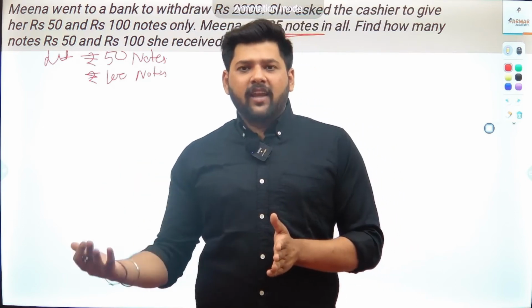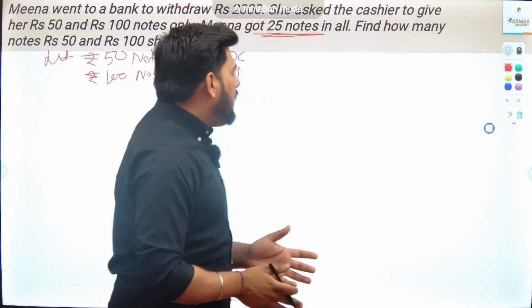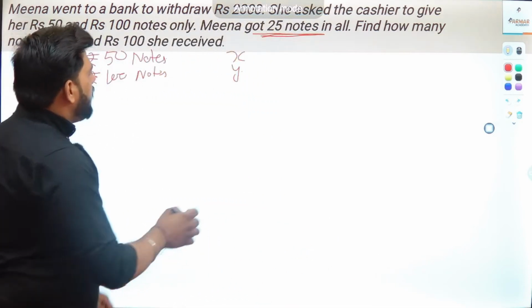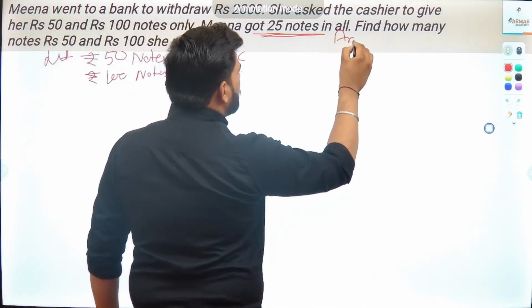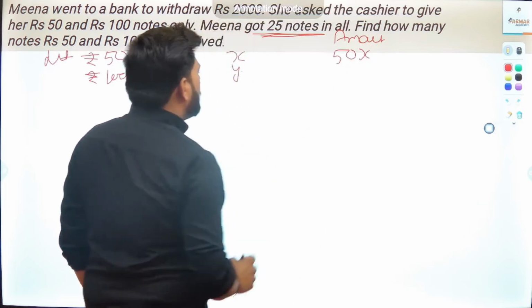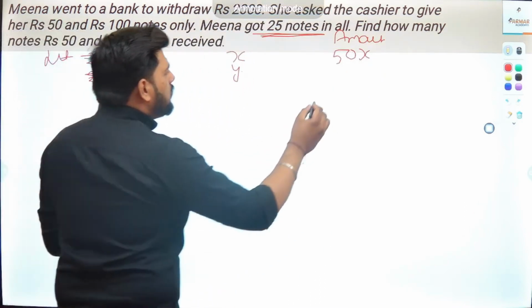If we have 3 notes of rupees 50, the overall amount is 150 rupees. Similarly, this time we have X notes of rupees 50, so the amount is 50X. Similarly, we have Y notes of 100 rupees, so the amount is 100Y.